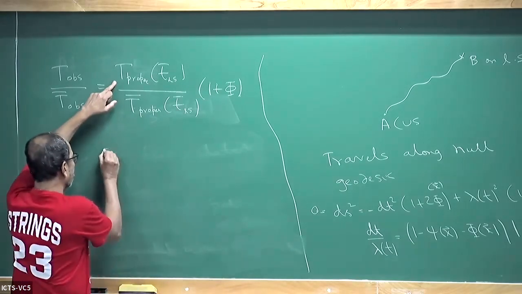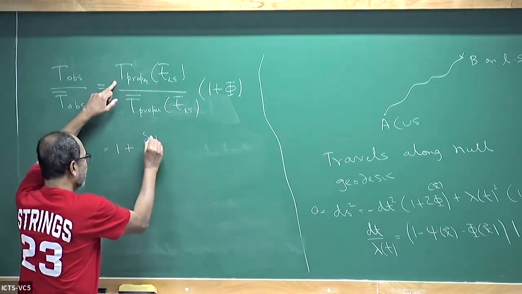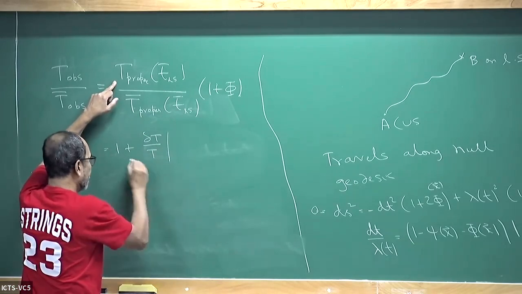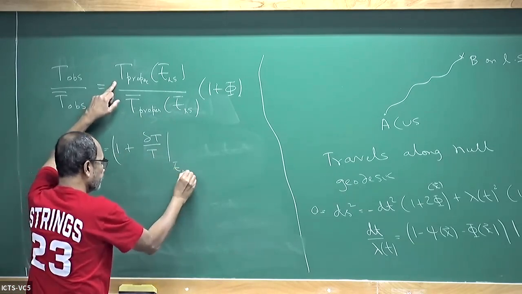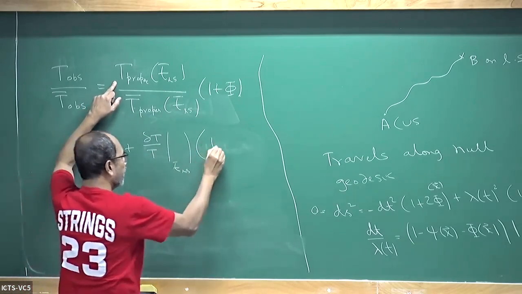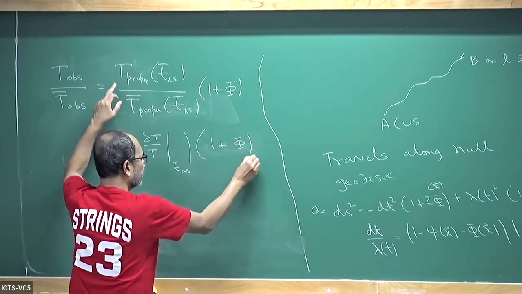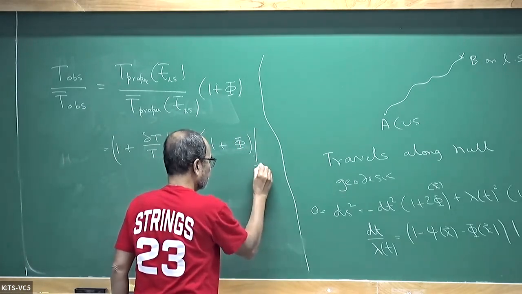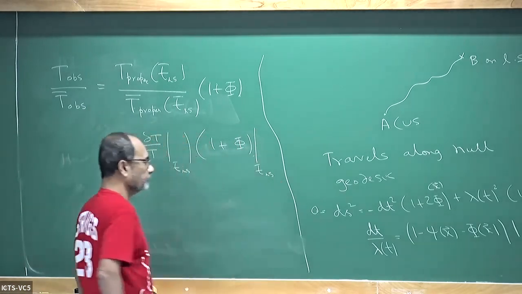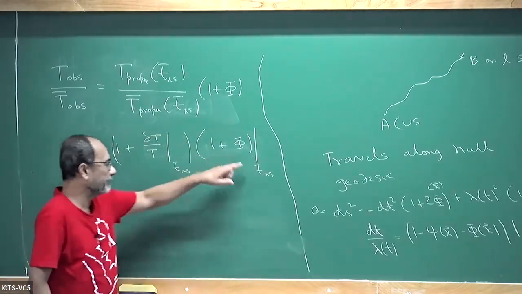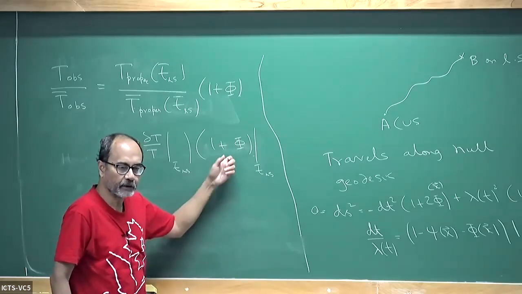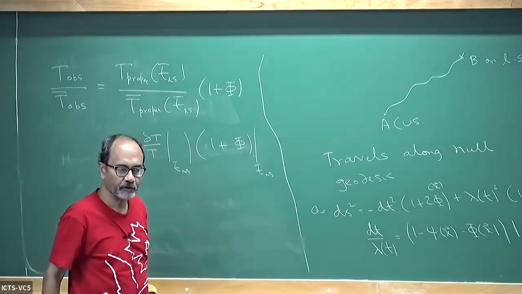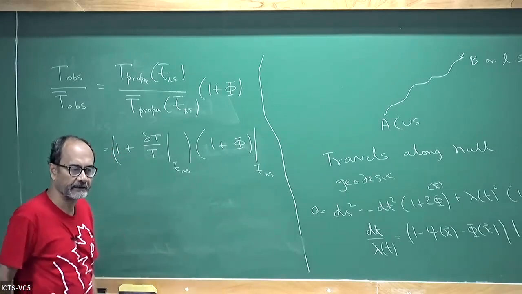So this is given by 1 plus delta T over T at the time of last scattering times 1 plus phi at the time of last scattering. Here it doesn't really matter if you take T LS or T bar LS because it's already first order, so the fluctuation in T will not change things very much.